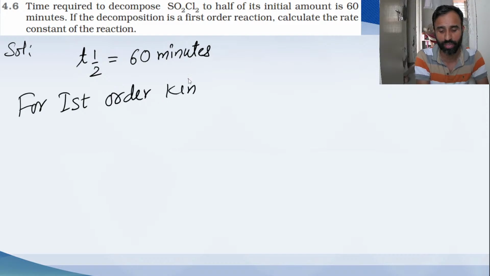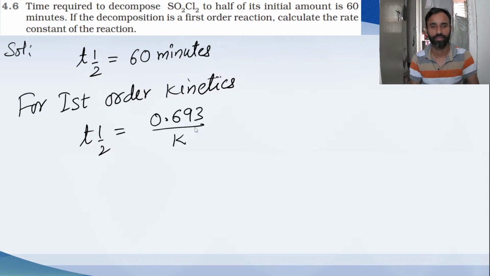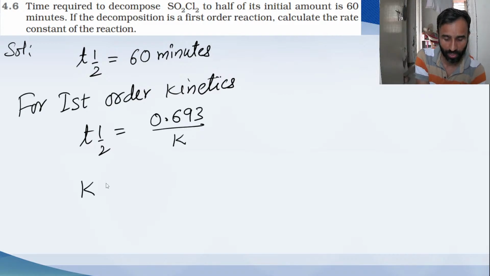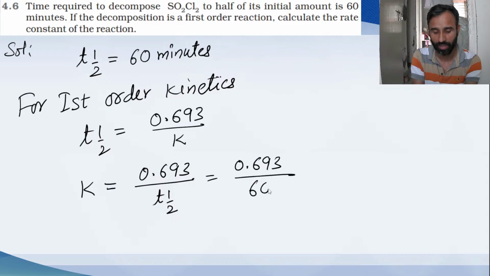So if half life is 60 minutes and reaction is first order, what is the relation between half life and rate constant for first order kinetics? Half life is equal to 0.693 over k. So k equals 0.693 divided by t half. That is 0.693 divided by 60.